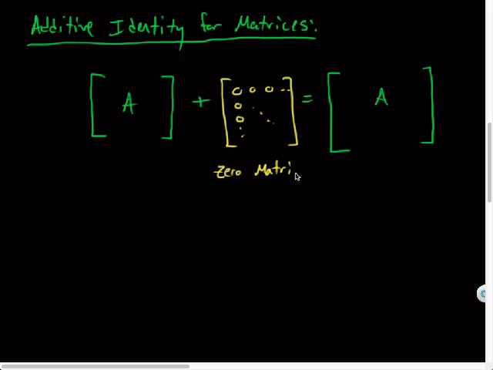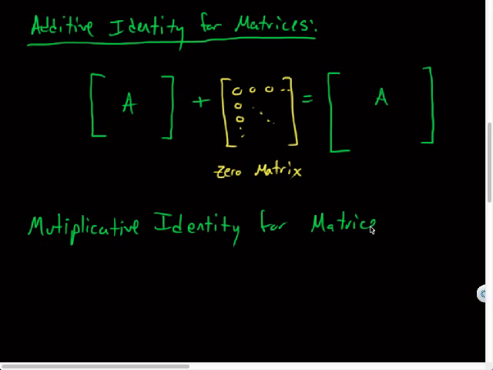Right, so that one's not necessarily all that interesting. But multiplication is going to be very interesting to us. Because we recall that multiplication for matrices was crazy, right? Abstract, you know, just in general. Let's see if we can figure out what the multiplicative identity is.